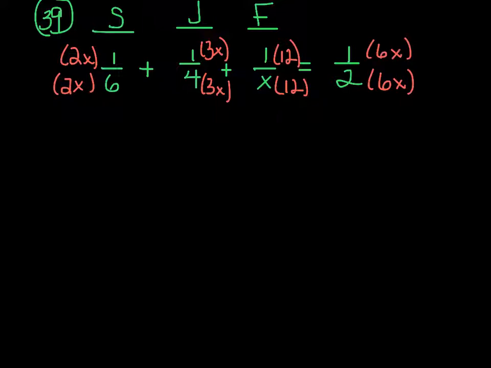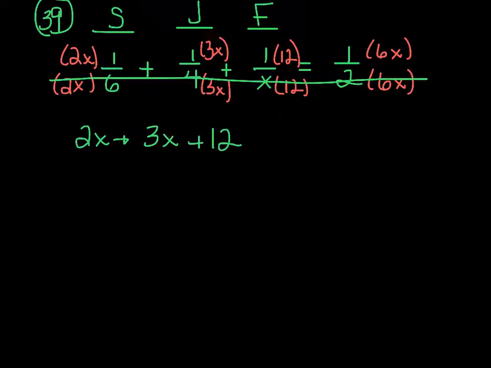Now, same rules as what you were doing with all the other questions. So once you get your common denominator, go back to the very beginning of the packet. First rule, find a common denominator. Second step, cross out your denominators. All right, so then here we go. So we're just going to get 2x plus 3x plus 12 equals 6x.